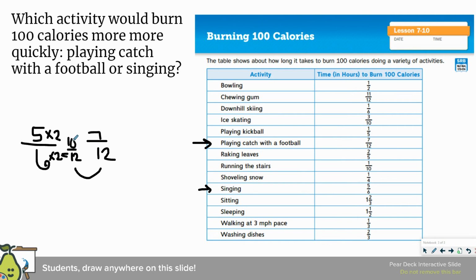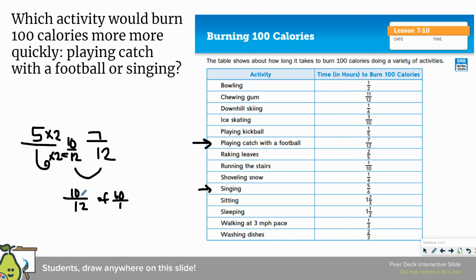So 5/6 is 10/12 of an hour, so 10/12 of 60, okay? And this is 7/12 of an hour. So when I'm looking at that, which one is going to burn calories more quickly? That's the fraction that I'm going to look at.